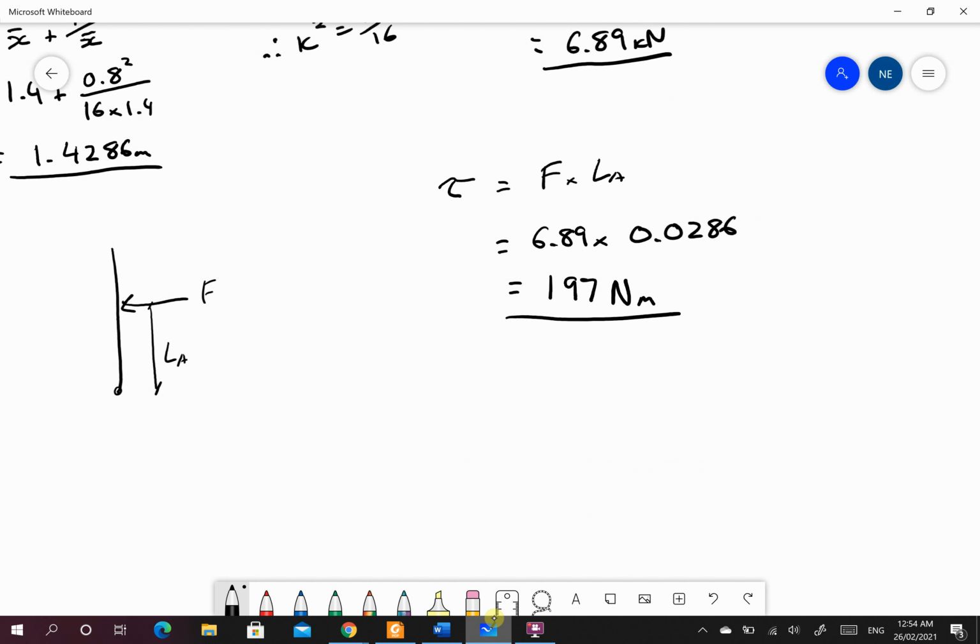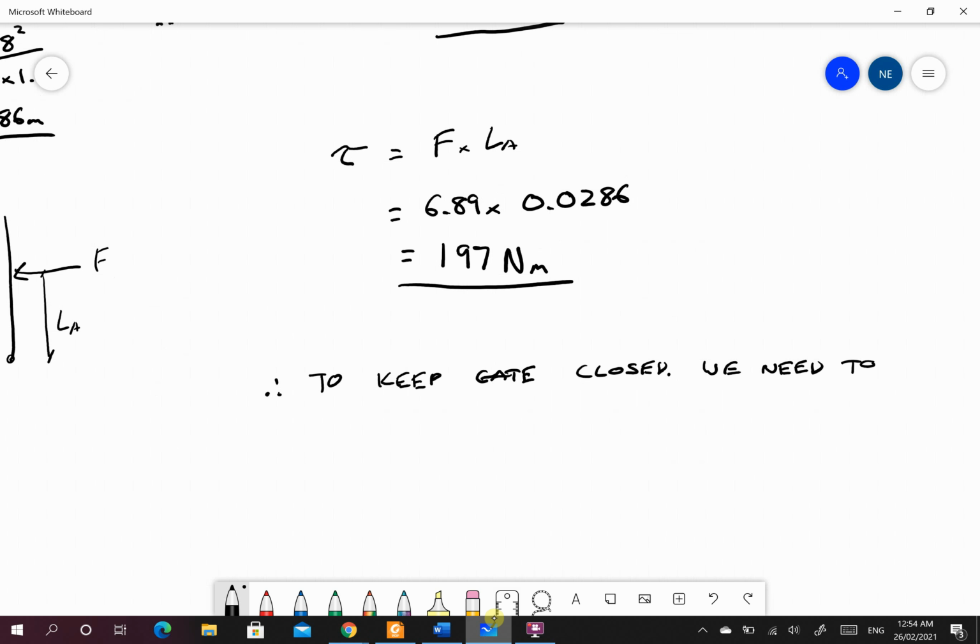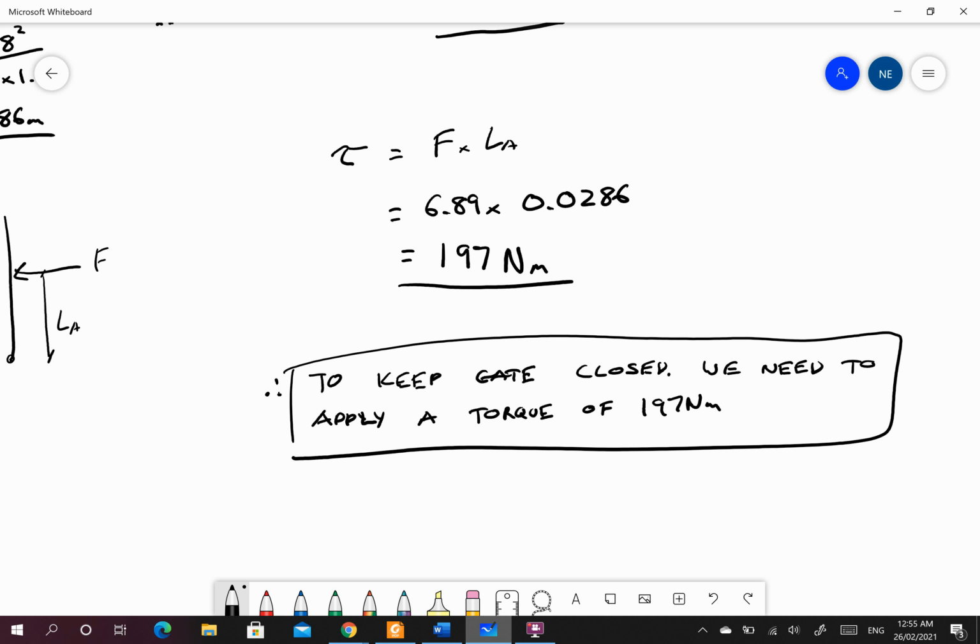And so our summary, therefore, to keep our gate closed, we need to apply a torque of 197 Newton meters. Awesome, that is our summary. Question 2 done.